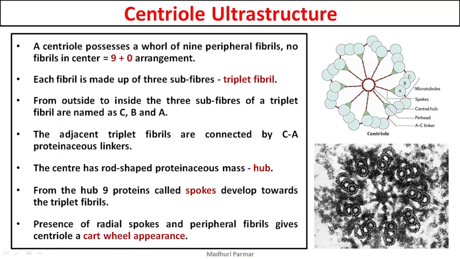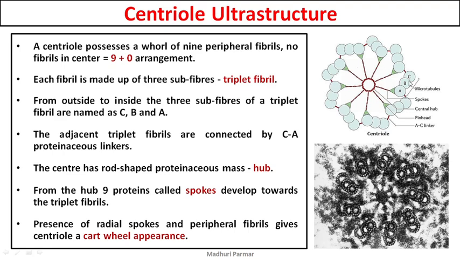A centriole possesses 9 peripheral fibrils. Remember, in cilia and flagella also we had seen 9 peripheral fibrils. But each fibril here is a triplet instead of a doublet. In cilia and flagella it is a doublet; in a centriole it is a triplet.